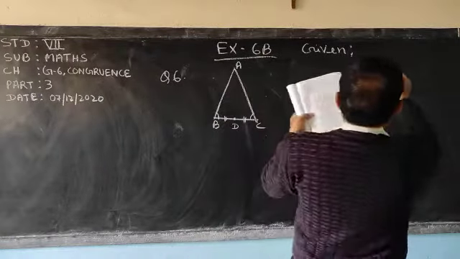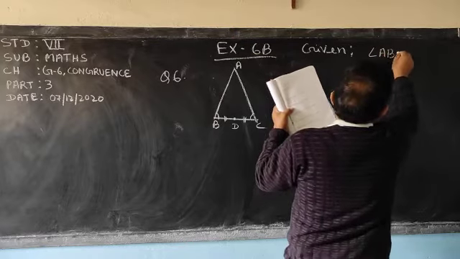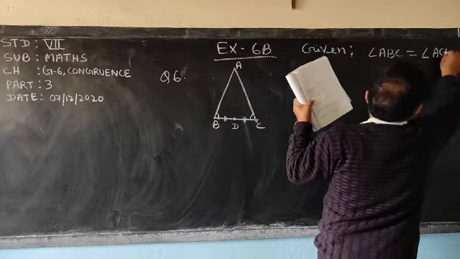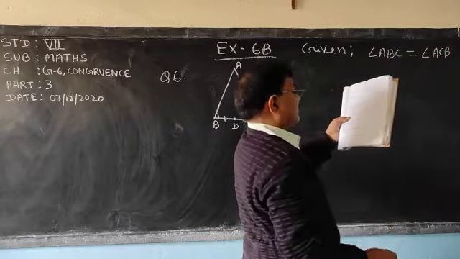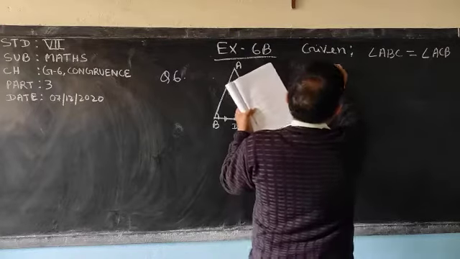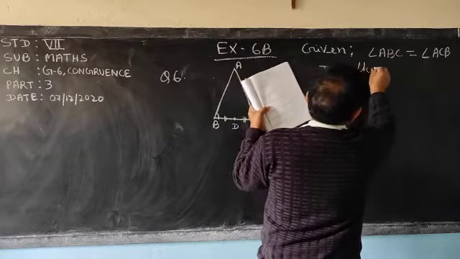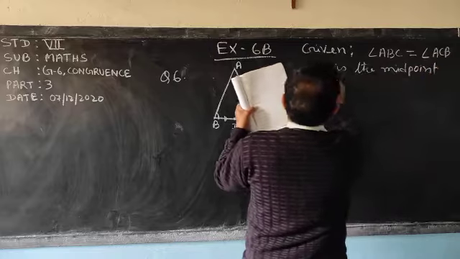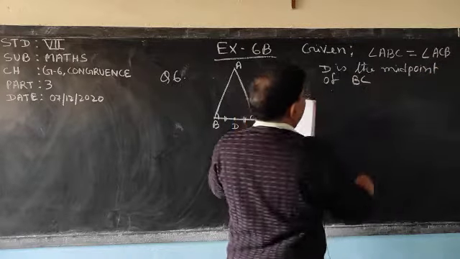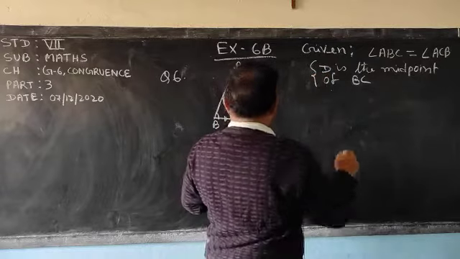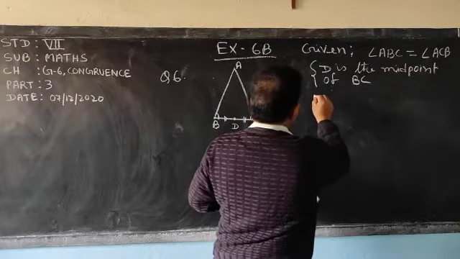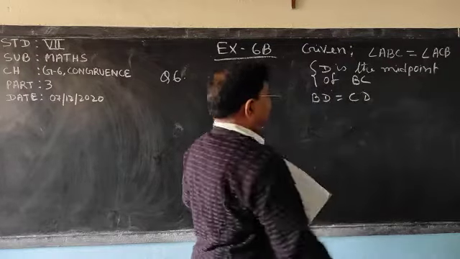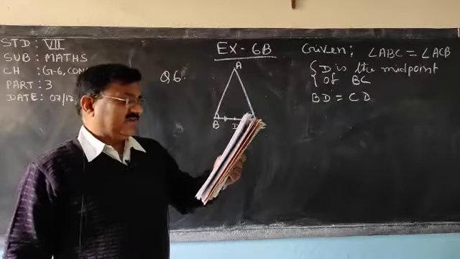Angle ABC is equal to angle ACB, and D is the midpoint of BC. In short, you can write BD is equal to CD.